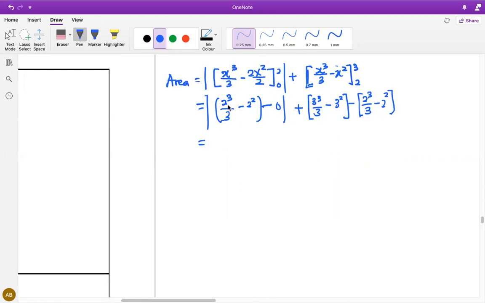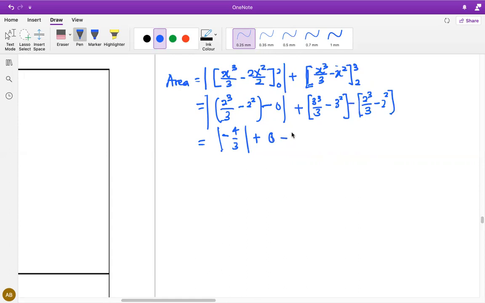Okay, so this one you will get 8 over 3 minus 4. All right, so you get negative 4 over 3. Okay, plus this is 3 cubed over 3, that is 9, so 9 minus 9 is 0.